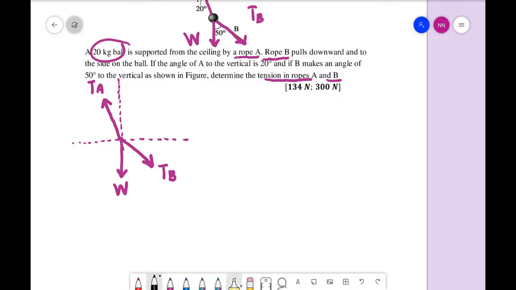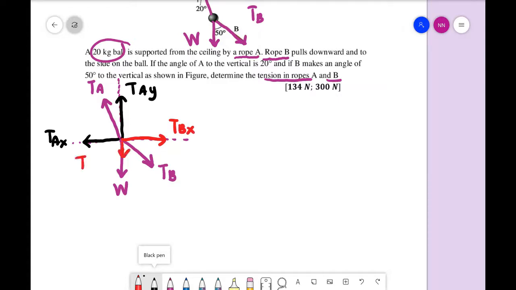So we have to resolve TA into x component, TAX, and y component, TAY. And also TB, we can resolve into x component TBX and TBY, like this.